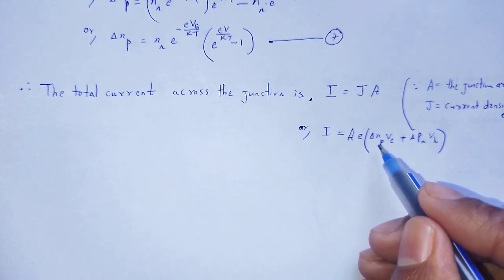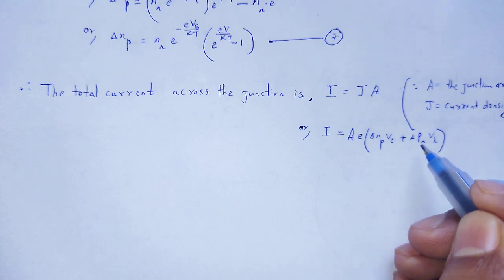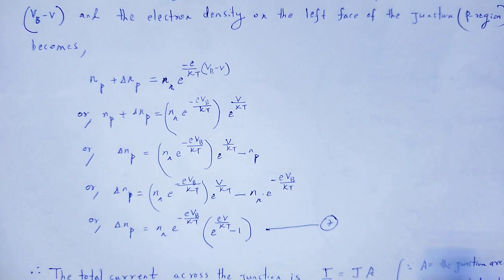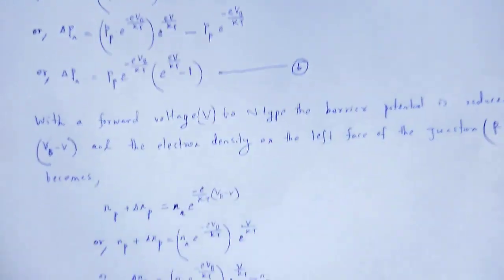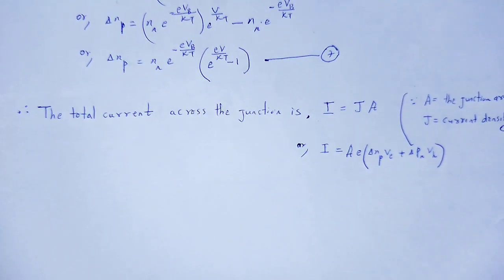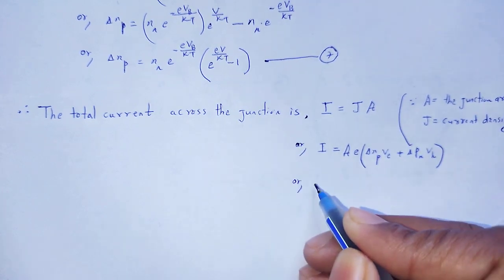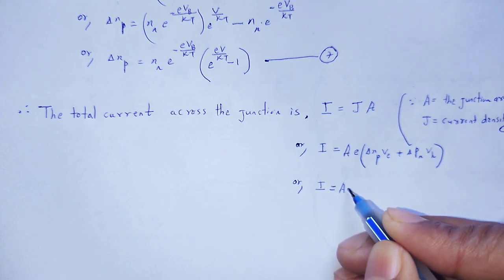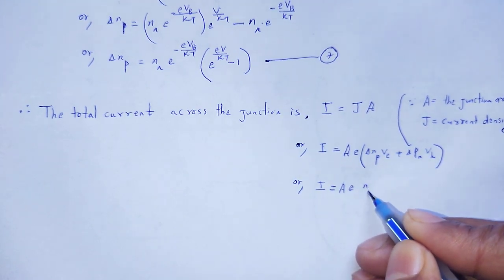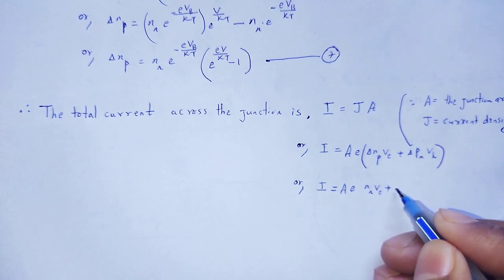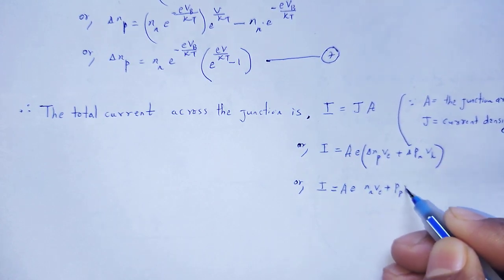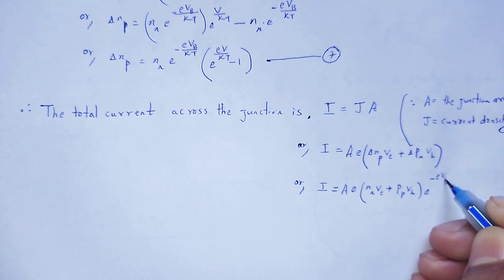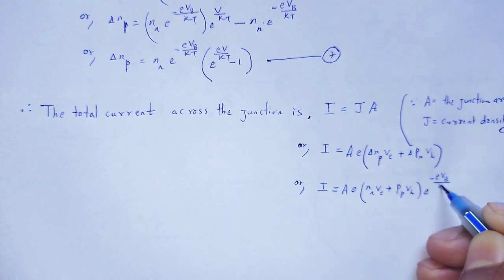So, putting in the values of del Pn and del Np, we have I is equal to A E Nn VE plus Pp VH e to the power minus EVB by KT.